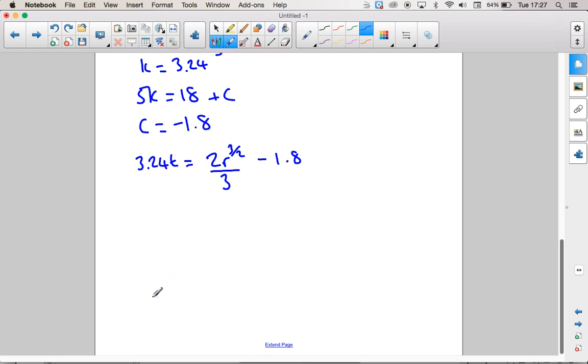So that gives me 9.72t equals 2r to the 3 over 2 minus 5.4. I'm going to add 5.4 to the other side and divide by 2.